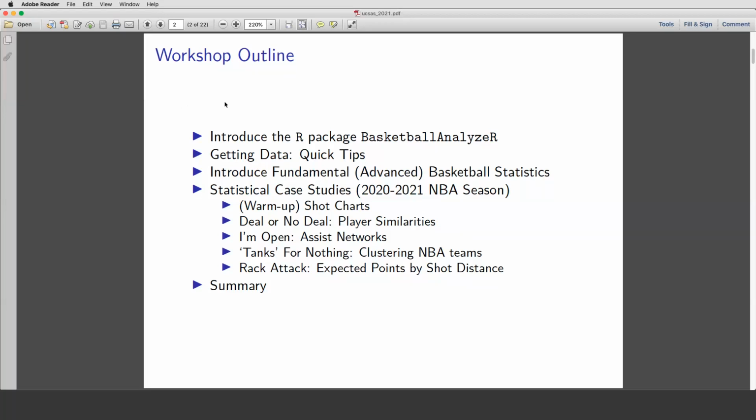and get you well on your way to doing some cool basketball analytics. So I'm going to talk quickly about this package, BasketballAnalyzeR. Pretty much everything I've put together in here was done using this package. It is really easy to install and actually very easy to use. What you'll see as I go along is I focus a little bit less on the actual R code.